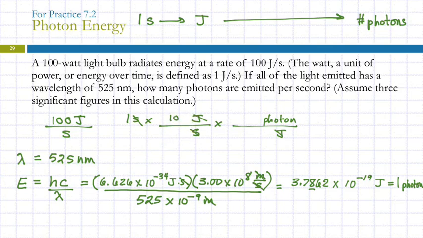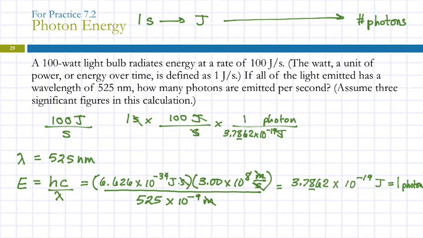So 100 joules for every 1 second. We just calculated that the energy of each photon is this 3.7862 times 10 to the minus 19 joules. So I'm going to write that number here in the denominator, 3.7862 times 10 to the minus 19, and that will be for one photon.